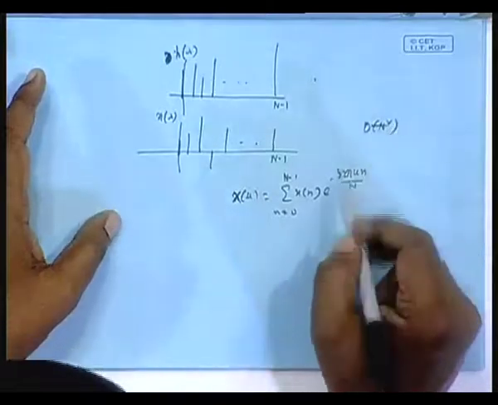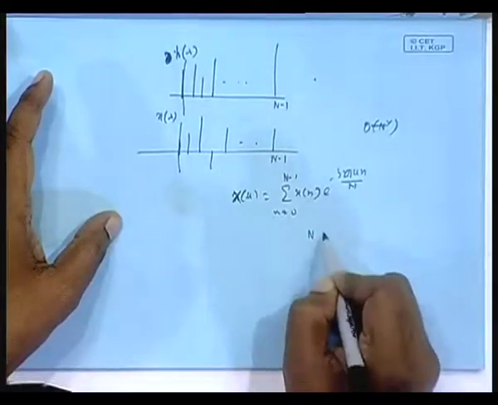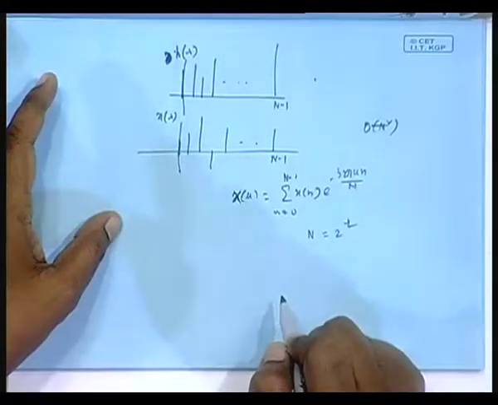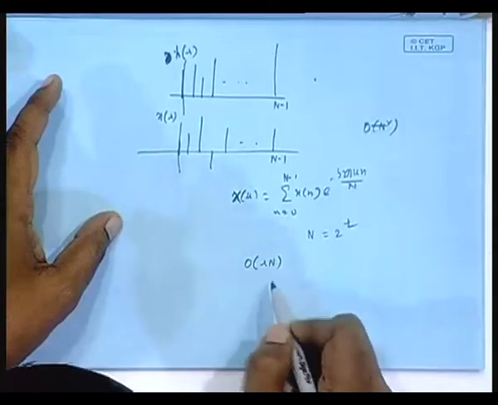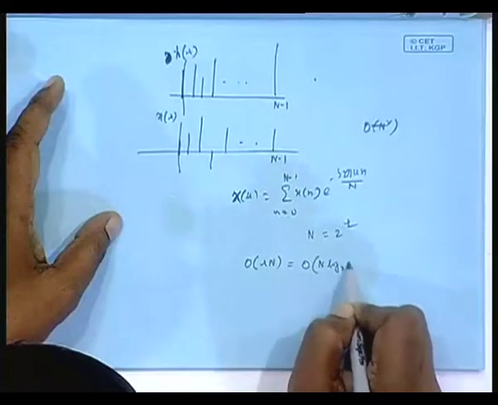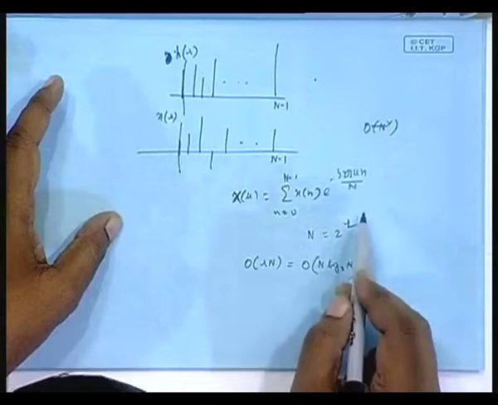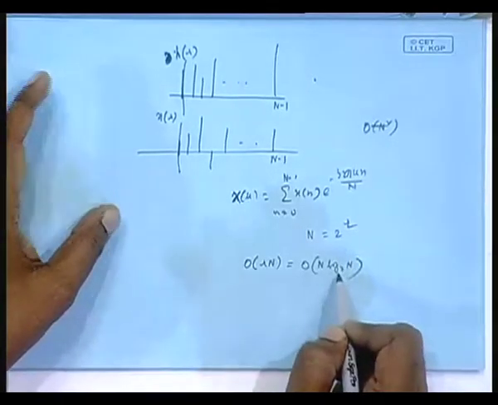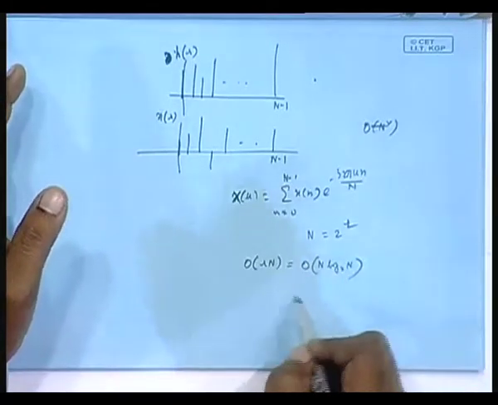But there are fast algorithms where, if length N is a power of 2, say 2 to the power r, then it needs r times N, or equivalently order of N log 2 N. So 512 square is brought down to 512 into 2 to the power 9... that is, log 512 is 9. You can bring it down to that level. That makes it very fast.